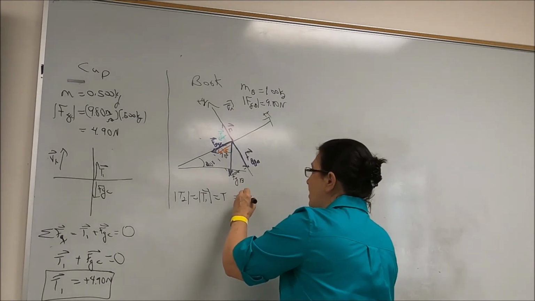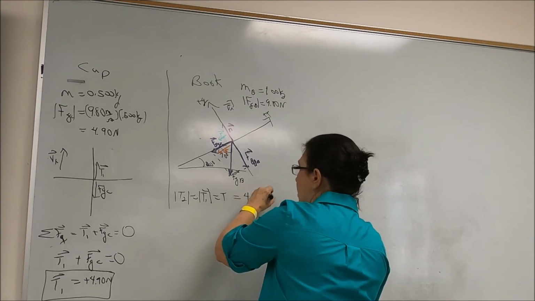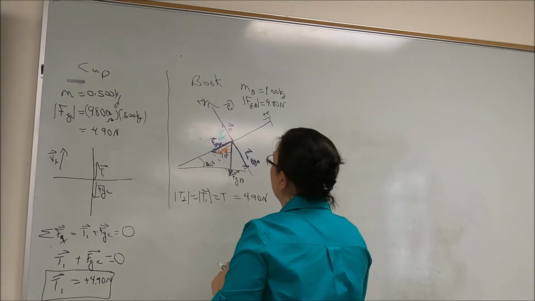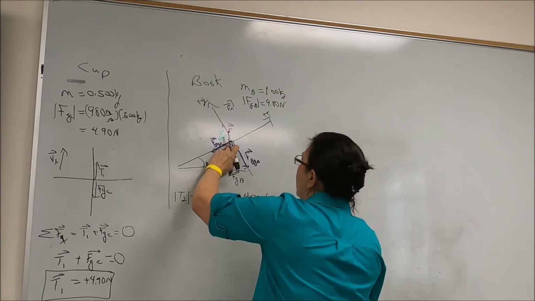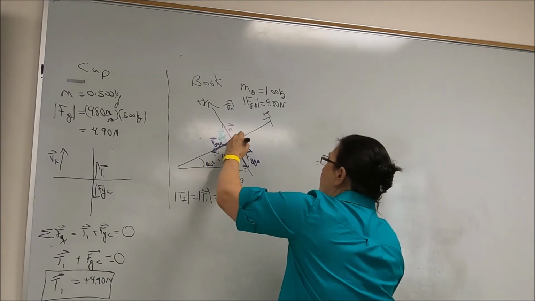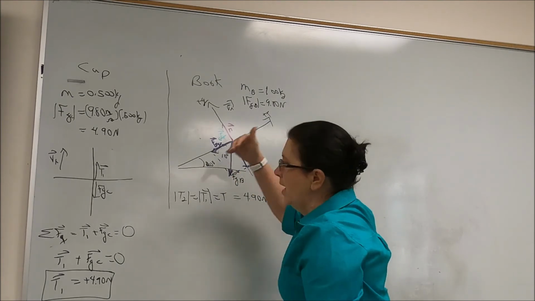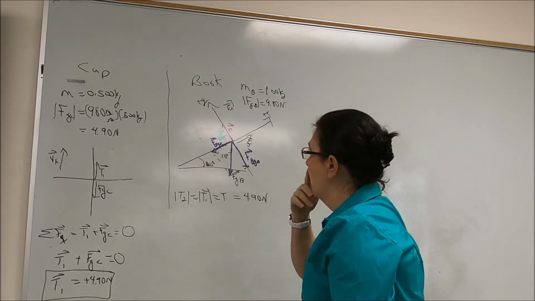That means that T2 is going to be 4.90 newtons. Okay? And this time, the frictional force is going to be up the inclined plane because the book is going to want to try to slide down.